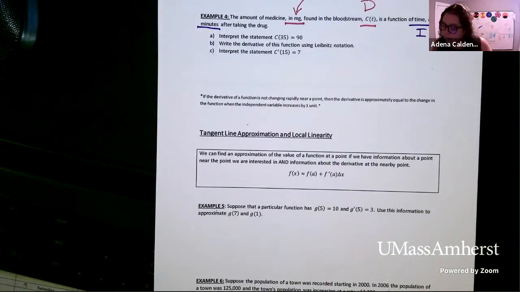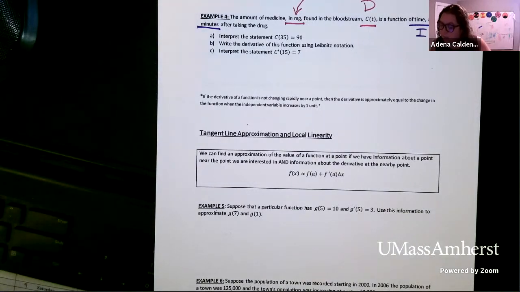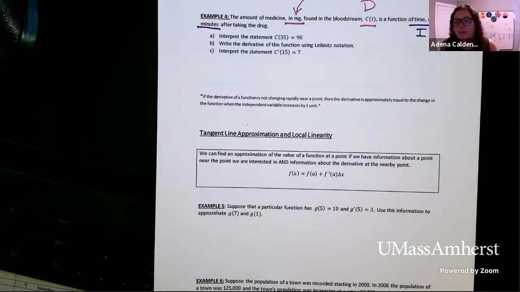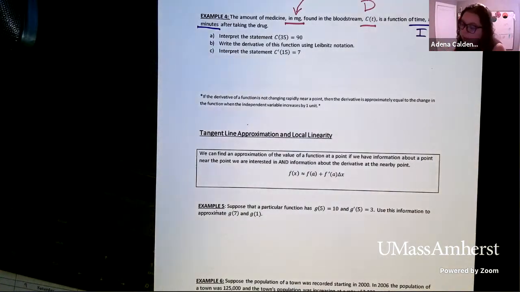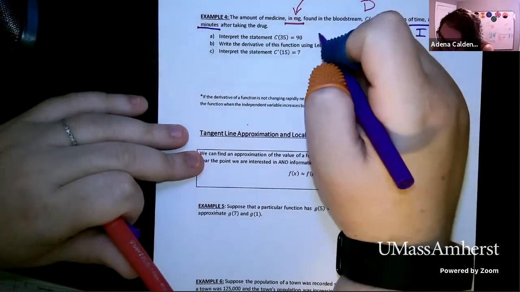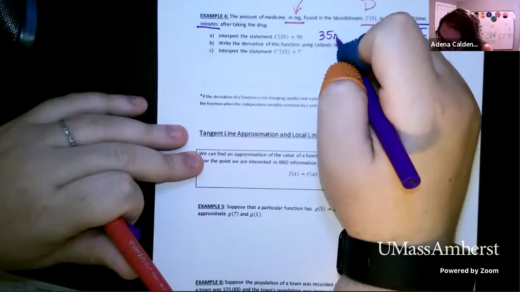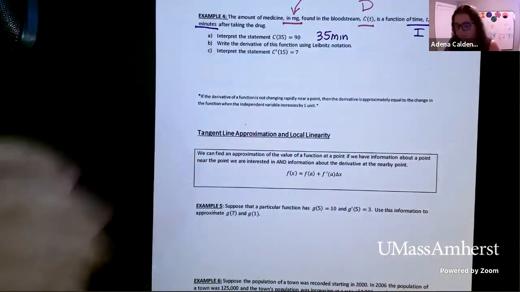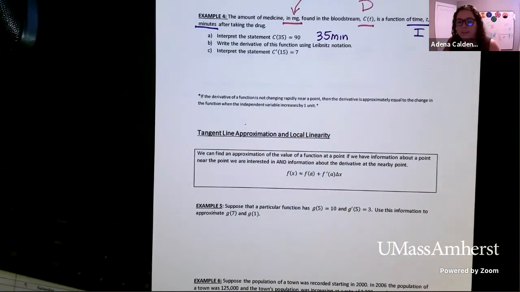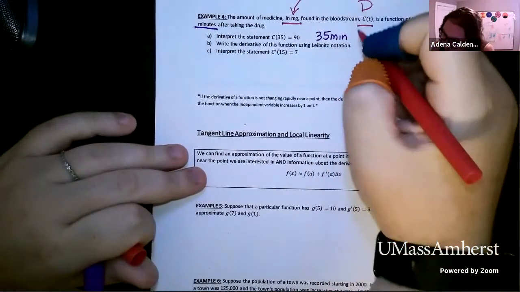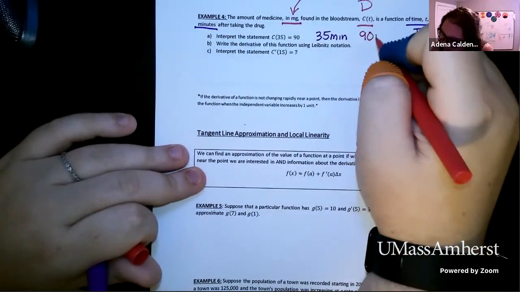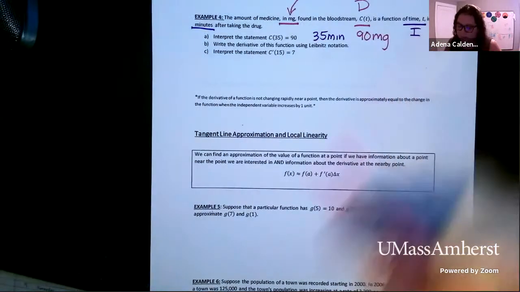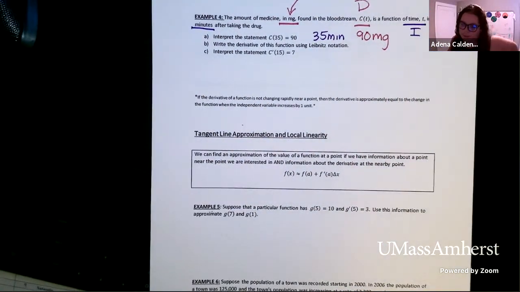For the first statement, we have C of 35 equals 90. This is straight attachment of units. We're not doing the derivative quite yet. Here we're talking about 35 minutes, because the number we plug in is the independent value. And the 90 is in milligrams, the dependent variable.